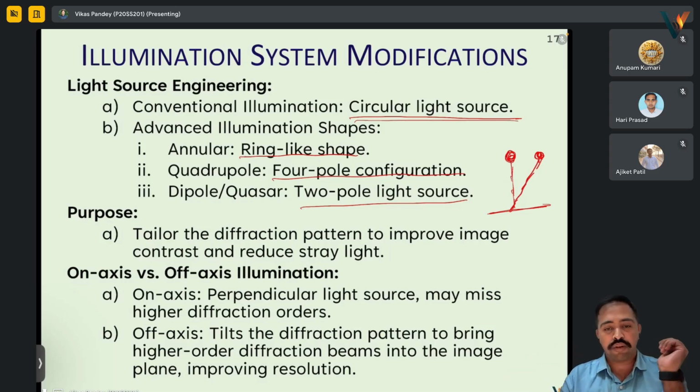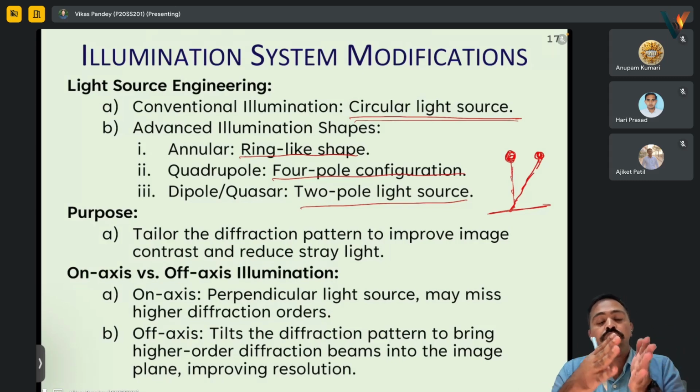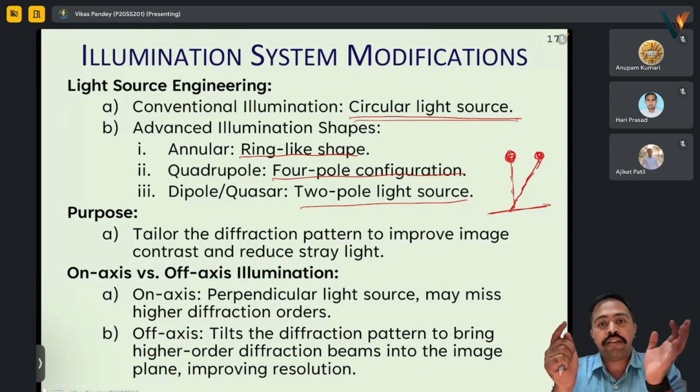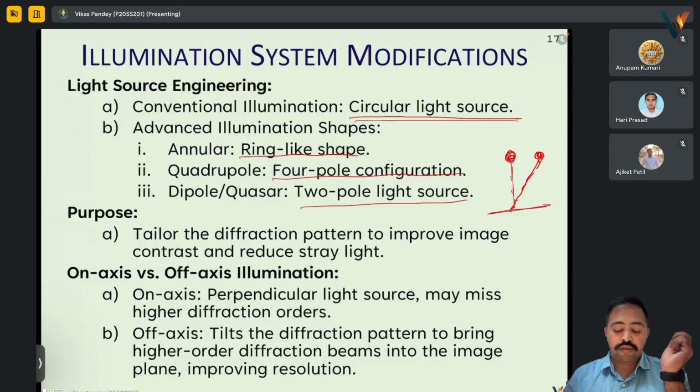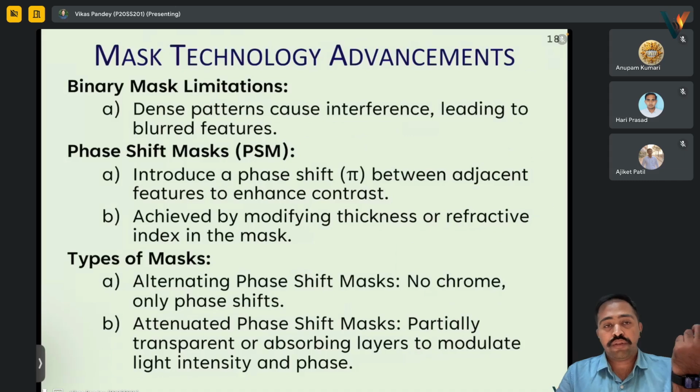These orders of diffraction beams will come into the image plane, and that will sometimes even lead to improved resolution, because we will be able to go to orders lesser than the actual wavelength. So such light sources can be modified, and that will help in our resolution.